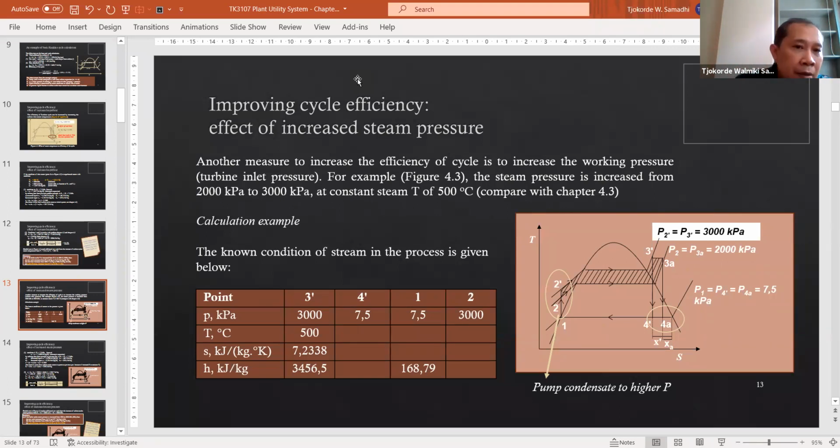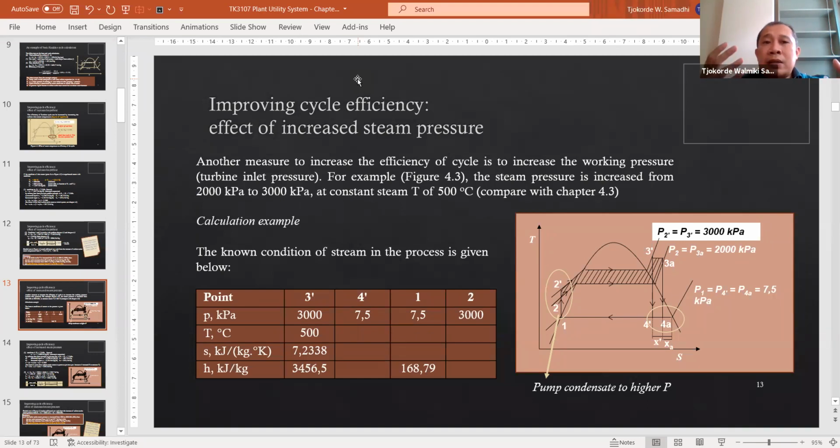You can increase steam pressure and you can increase the degree of superheat. Those two approaches can be done, and actually it has been done for ages in the process industry. So this is nothing new, nothing fancy. People have known this for decades, maybe even more than 100 years, that to improve the cycle efficiency, you have to increase the superheat temperature and/or increase the steam pressure.